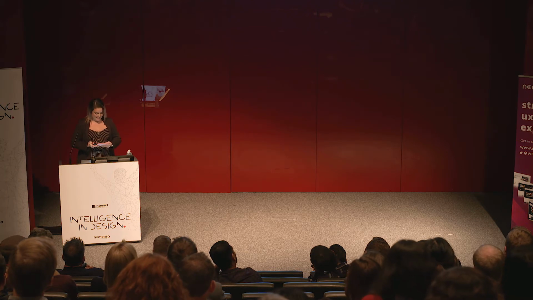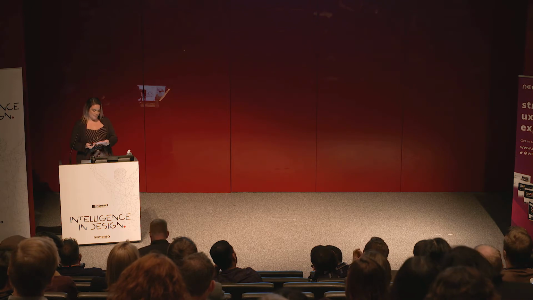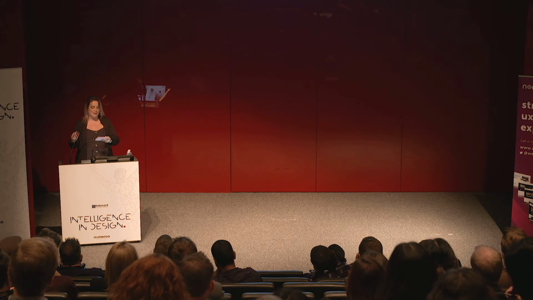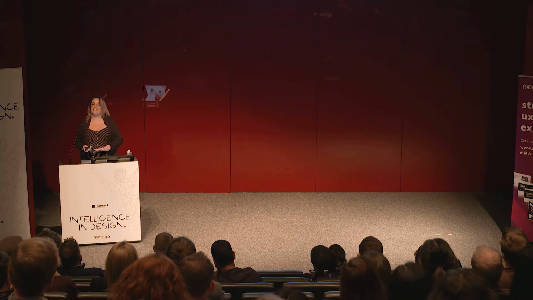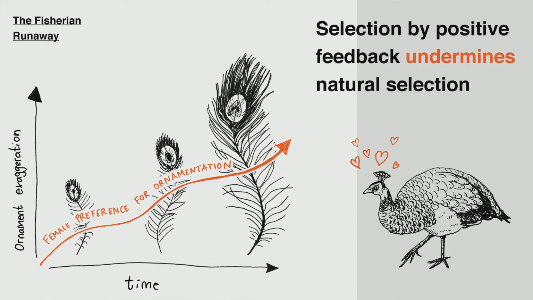On peacocks then, Ronald Fisher, an evolutionary mathematician, put forward the Fisherian runaway to explain the impractical features that peacocks invest their energy in. The model presumes that initially the ornament was a sign of fitness in an animal.